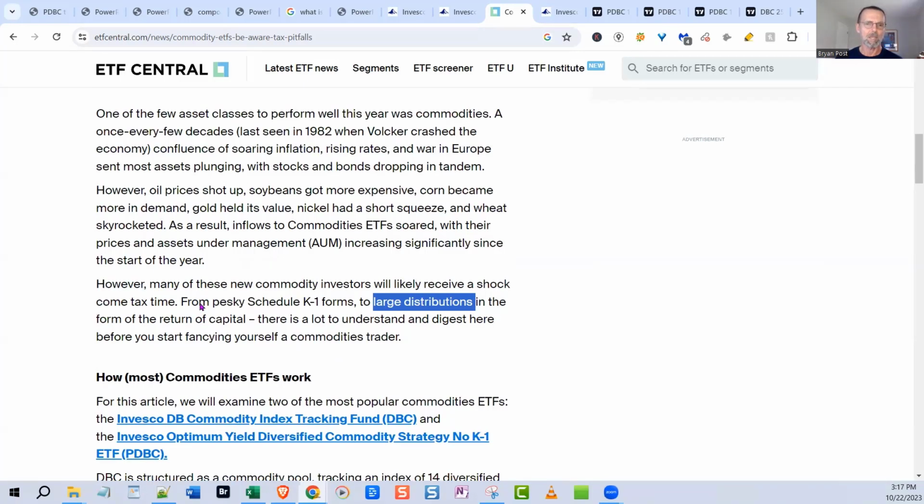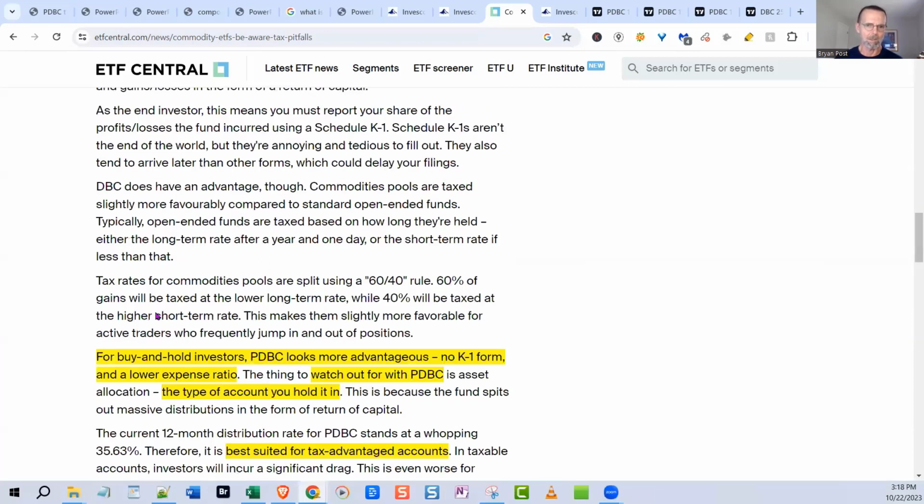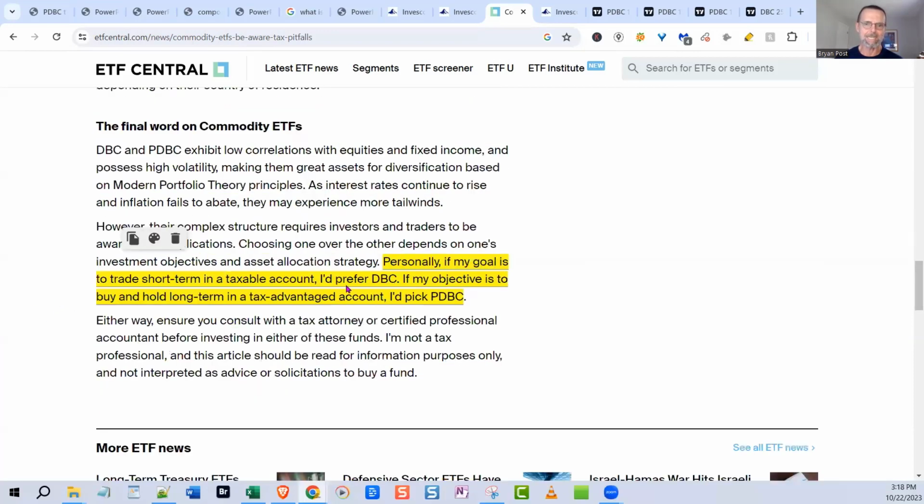So one of the things they point out in this article is that PDBC as an investment makes more sense inside a tax-advantaged account than outside of one. And that's why this article also mentions DBC.